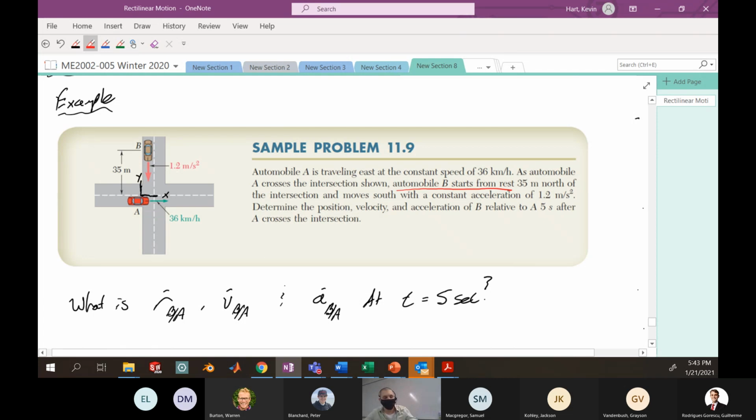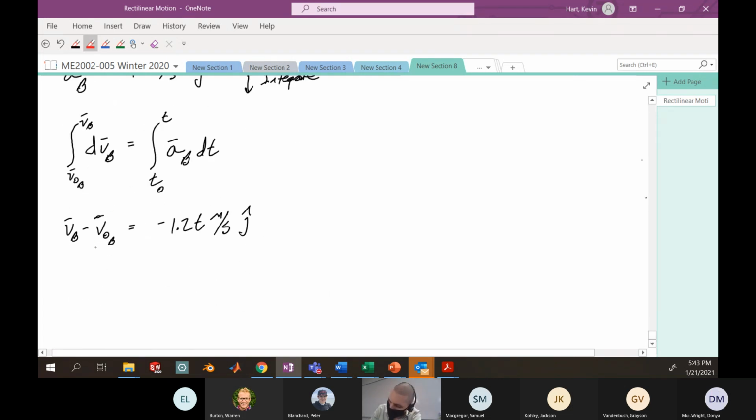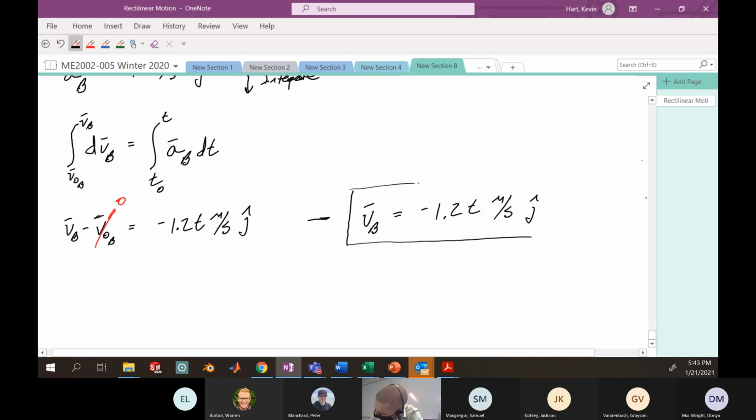Okay, so that helps me set my integration constant to 0. So finally, I can write that the velocity of car B as a function of time is negative 1.2t meters per second j hat, where again, t is in seconds.